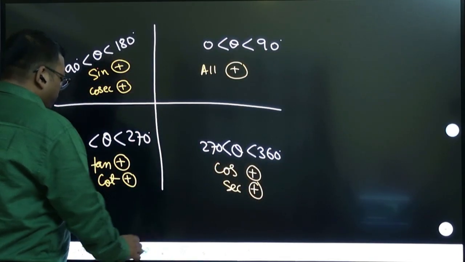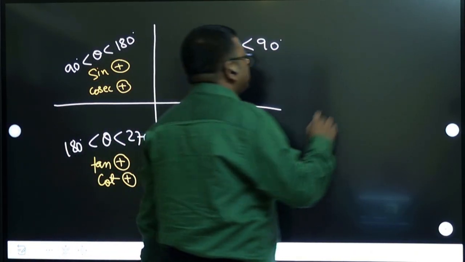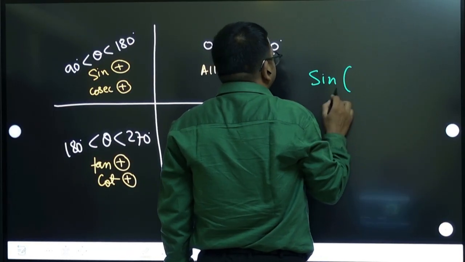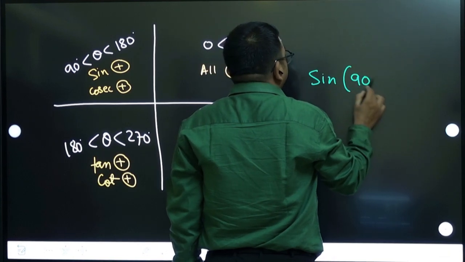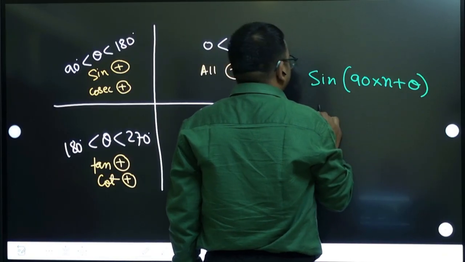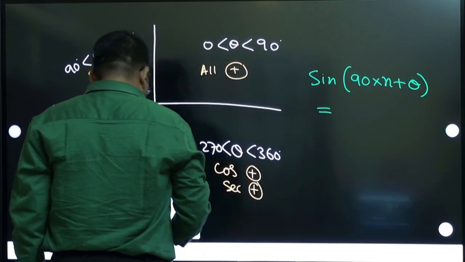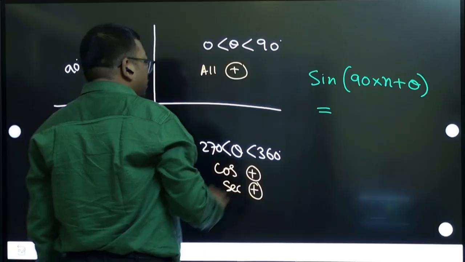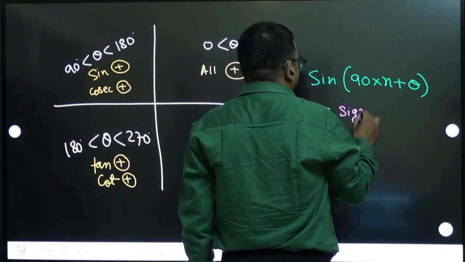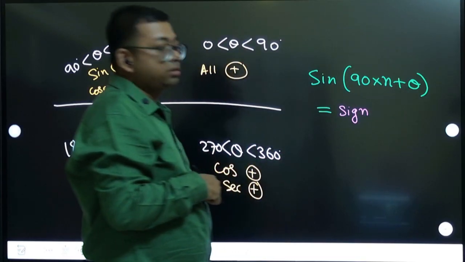So how do we use interconversion? For example, suppose I want sine of 90 into n plus theta. How to convert that? First of all, the sign, plus or minus, that we write here will depend on which quadrant it is.